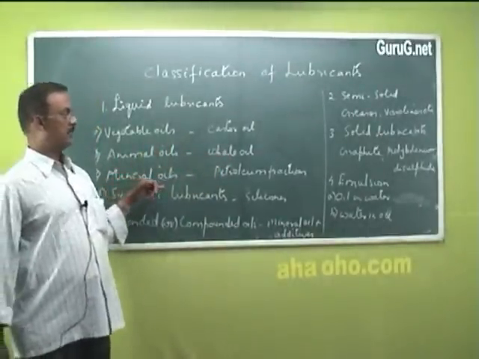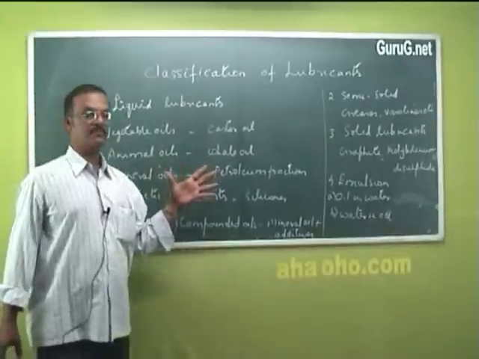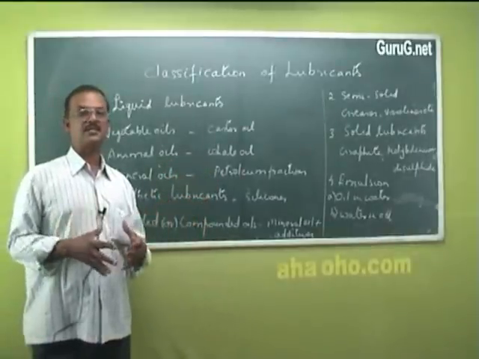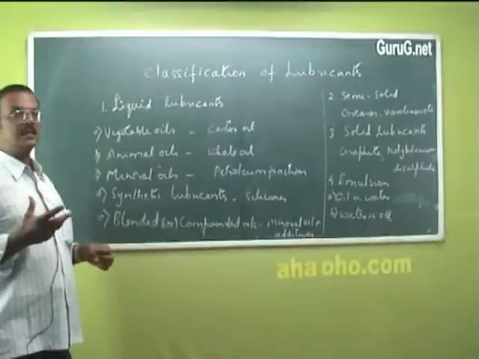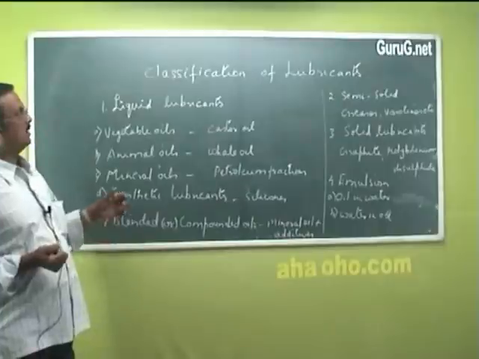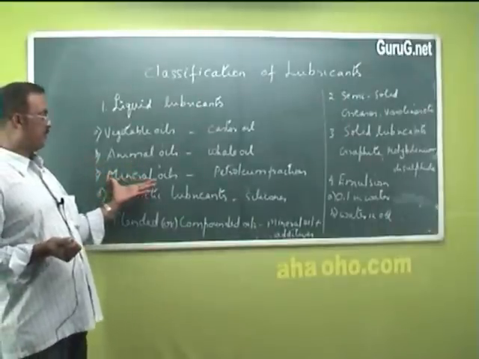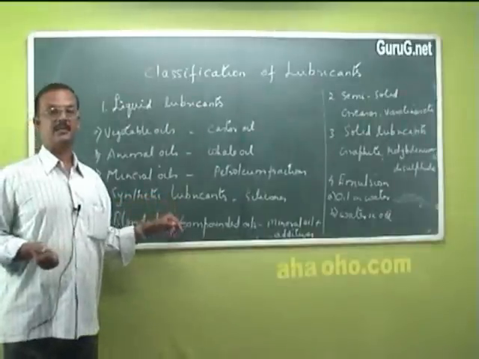Third, mineral oil. That is when we separate petroleum into various fractions, some fractions are used as lubricants due to high viscosity and other properties which suit lubrication. Then the fourth class is synthetic lubricants.